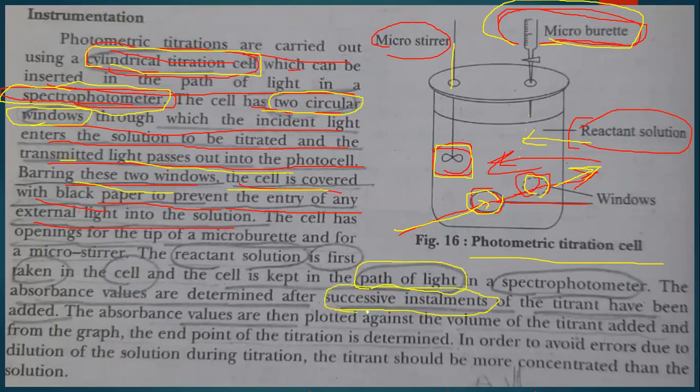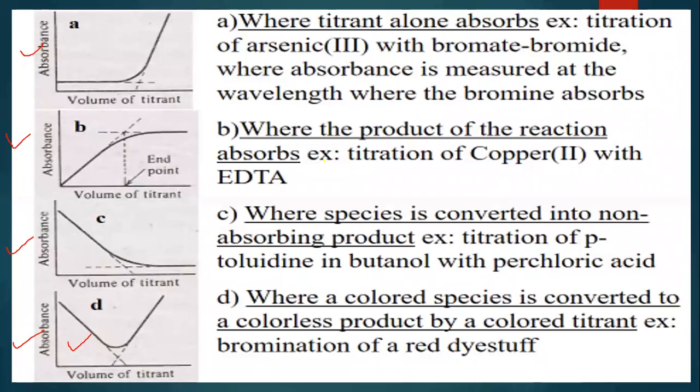After each addition of the titrant, you note down the reading, because here we are going to plot the graph. As you can see on your screen, absorbance is plotted on the y-axis and volume of titrant added on the x-axis.